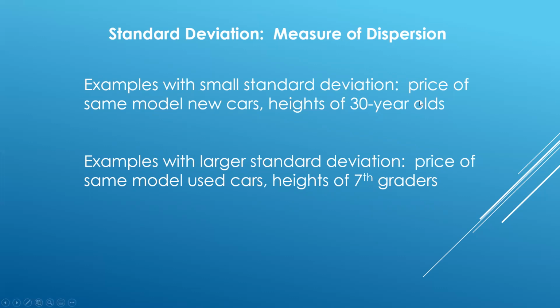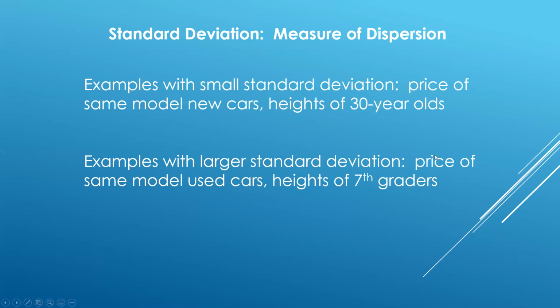If we looked at the heights of a bunch of 30-year-olds, well, once you reach the age of 30, you've stopped growing. So everybody's heights should be fairly close to each other. Obviously, if we have a Shaquille O'Neal or some big professional NBA player in there, or a jockey, they're going to be really tall and really small. But for average regular people, we're all going to have heights pretty similar.